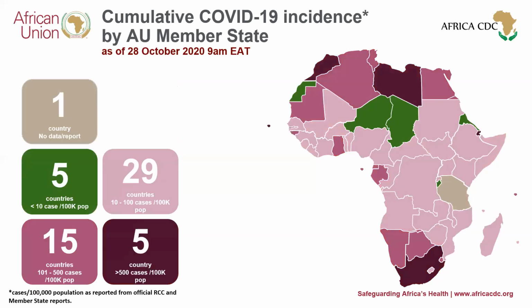Then we look at incidence, which is number of cases per 100,000 population. We have 5 countries with less than 10 cases per 100,000 population. The majority of the countries fall within 10 and 100 cases per 100,000 population, and only 5 countries have more than 500 cases per 100,000 population.